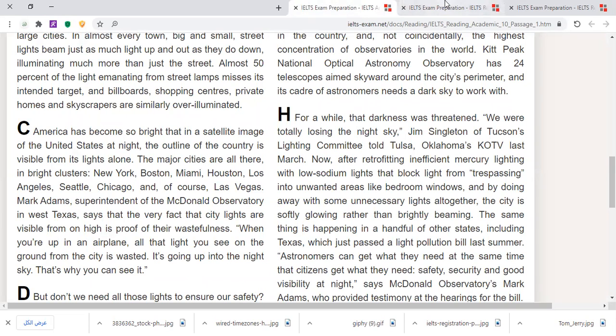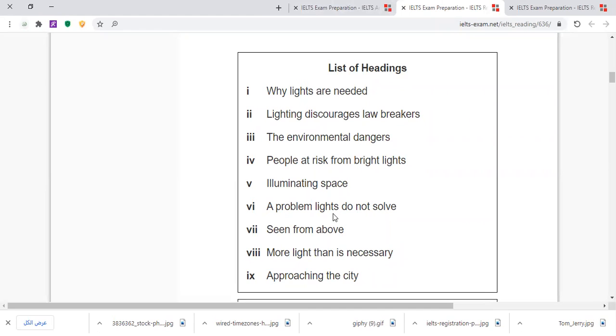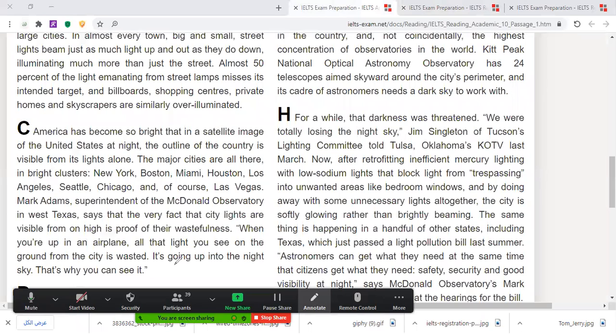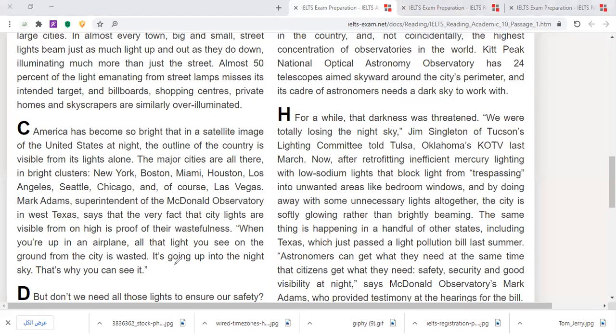No. A problem that lights do not solve? No. But did he talk about seen from above? Yes. Tell me the keywords or the sentences that tell you this is the correct answer, the main heading of the paragraph.